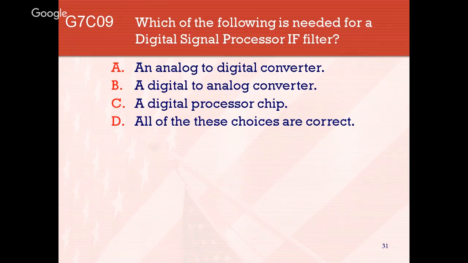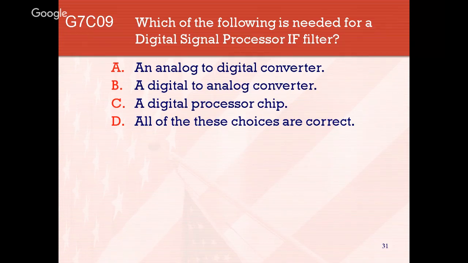Which of the following is needed for a digital signal processor IF filter? Okay, remember what it does when you're doing signal processing. And the key here is digital signal processing. So within that, you have an analog to digital converter.